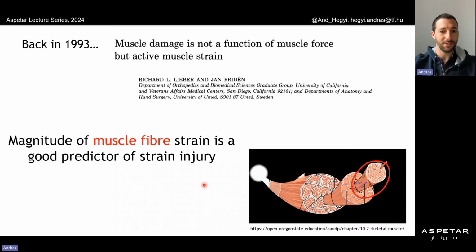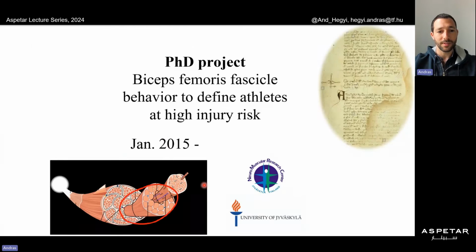The problem is that in humans, we cannot measure the length change of the muscle fibers. So what we tried to do when I started my PhD is to examine the length change of the fascicles, which are basically muscle fibers in a bundle.